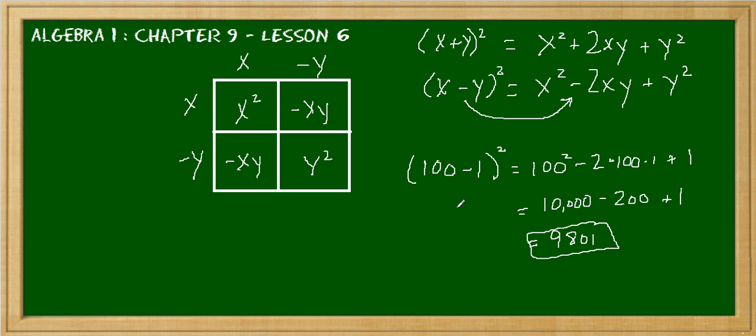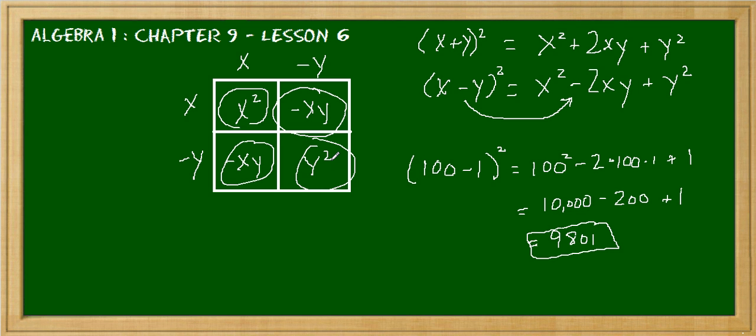We square each of the terms, then we multiply the two terms together, then we multiply by 2 because in the boxes we end up with 2 of these when we're using this box method. Then we square the last term. So we can visually see this right in front of us: the square, the 2 times, and then the square.